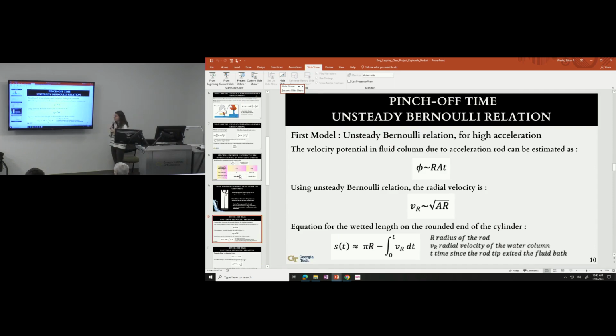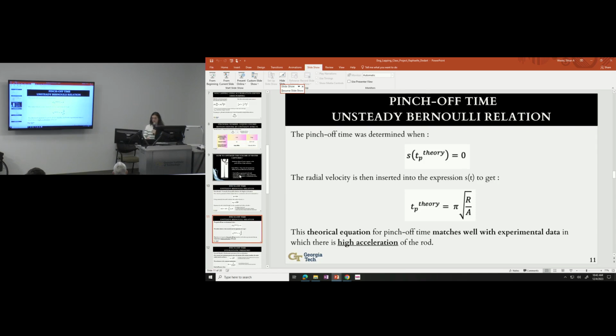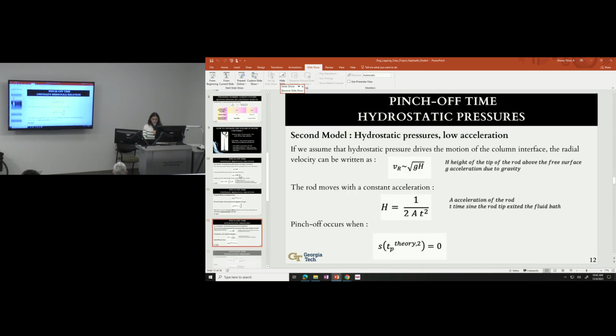They model the velocity potential by this, and then, thanks to an unsteady Bernoulli relation, they have the velocity, and then they measured with this equation that represents the weighted length on the rounded cylinder that must be equal to 0 at the pinch-off time, and they obtain a first theoretical pinch-off time. This model is well matched with high acceleration.